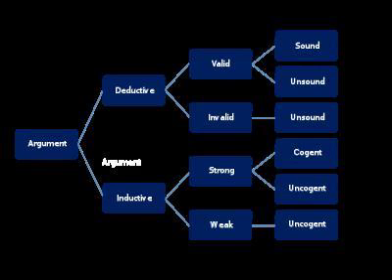Okay, so deductive and inductive reasoning. These are associated with another way that we can characterize arguments, whether or not arguments are valid or invalid. This is what we would call a term of art in philosophy. It has a precise definition, a precise application. We throw these words around a lot in everyday life.